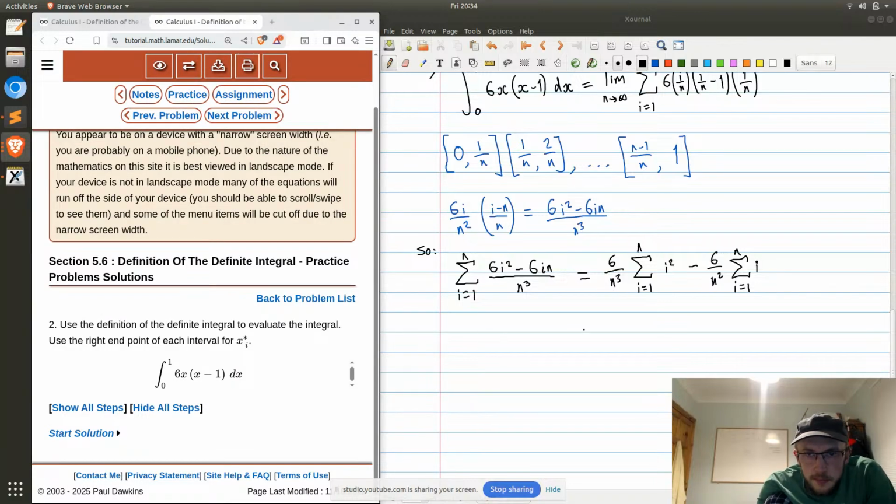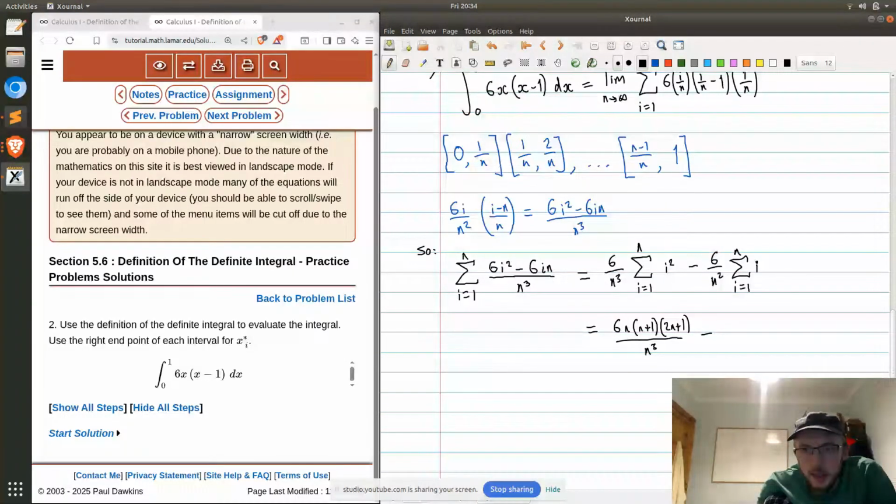So perhaps we can do that. Sum of the first n numbers is just n times n add 1 over 2. Wait. Did you forget the 6? You did.